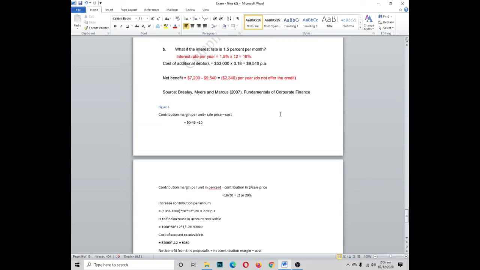Okay, next part B. What if the interest rate is 1.5% per month? In part A the interest rate was 1%, so here it is 1.5%.